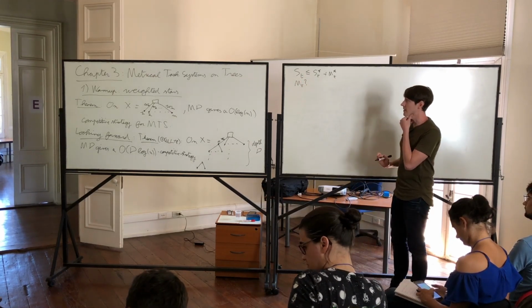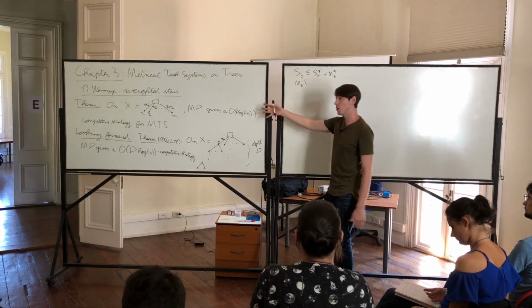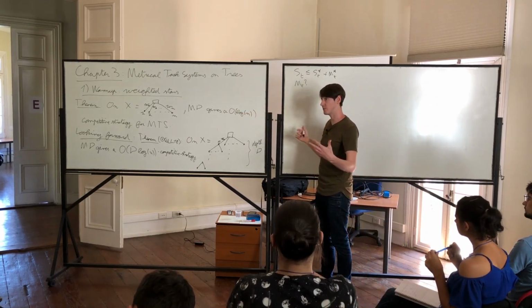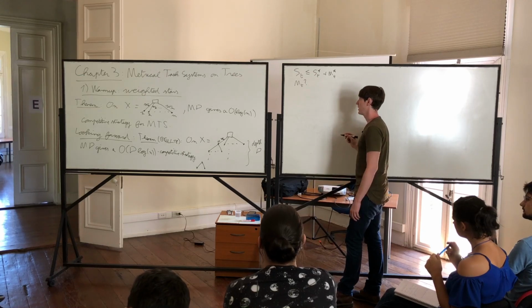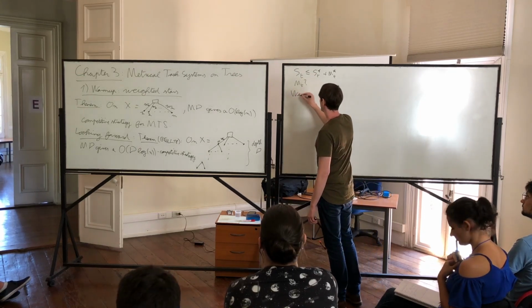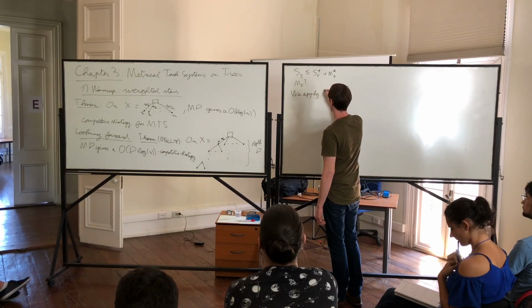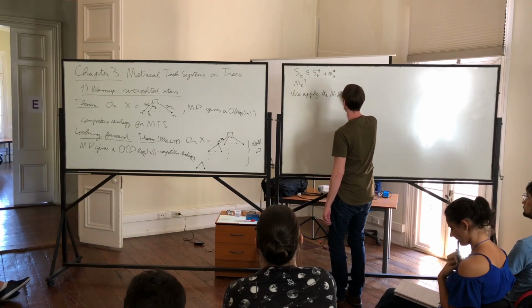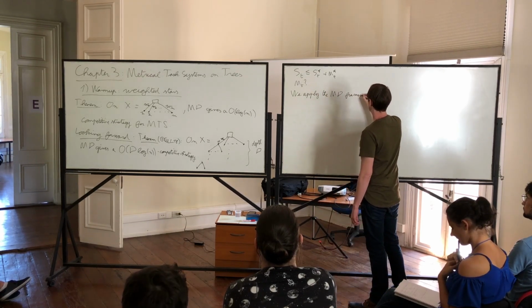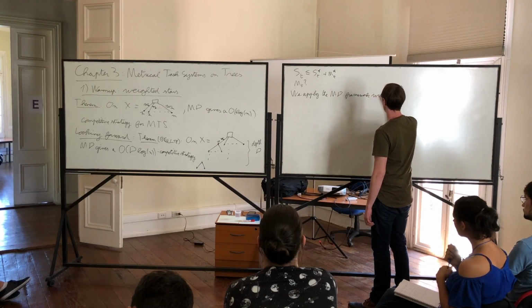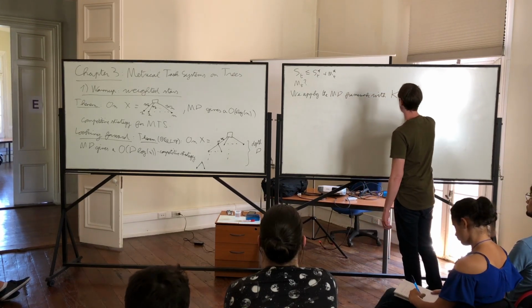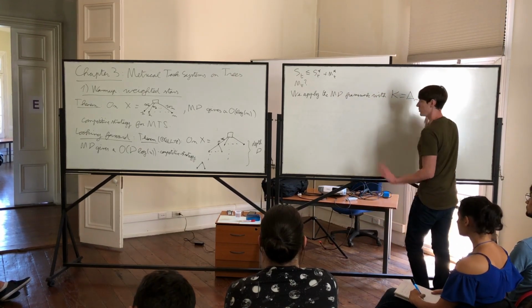Okay. So maybe I should spell out now what is the norm that we're going to look at and what is exactly the framework that we apply. So we apply the mirror descent framework with the convex body K, which is simply the simplex. Okay, we don't do anything fancy.